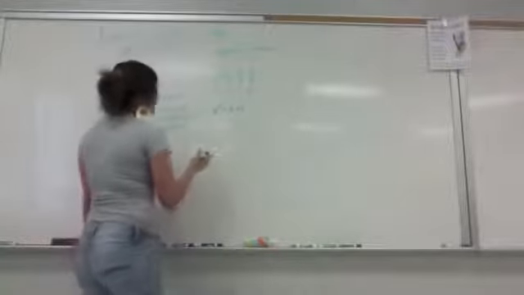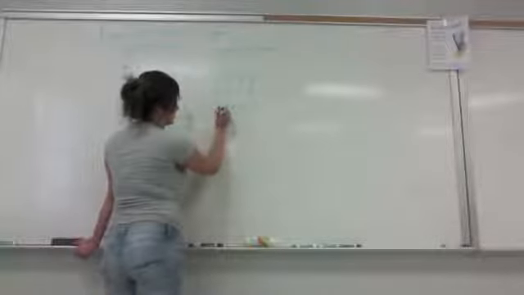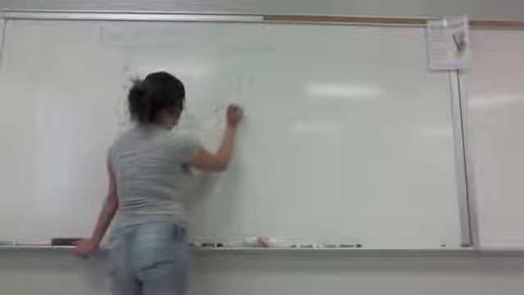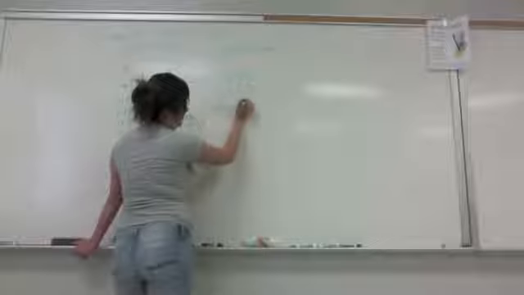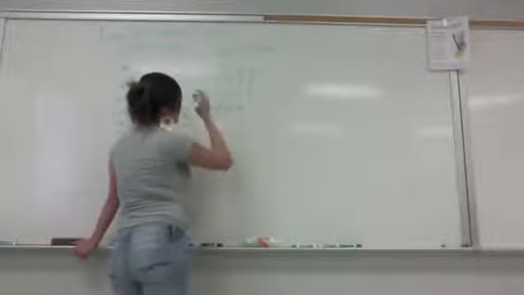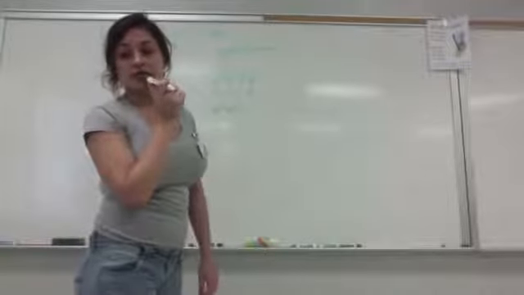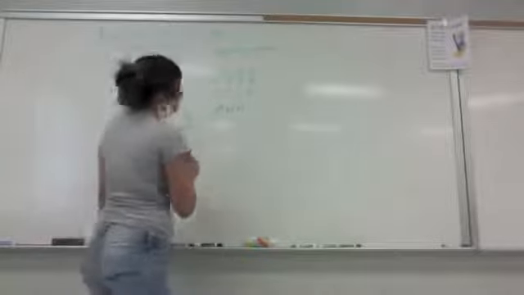I got that because this is 1, so that's going to be x squared. Then you bring the negative 1 down, and that's going to be negative 1x. And you bring the other number down, which is plus 1. We're not going to bring 0 down because it's 0. Then, to find our other zeros, we're going to use the quadratic formula.